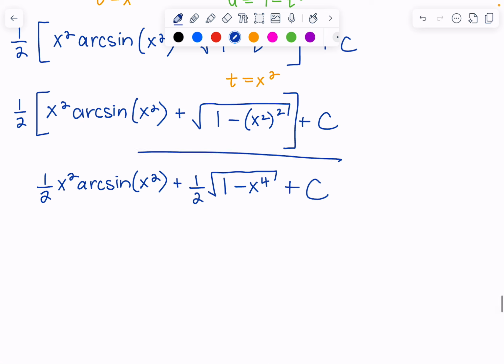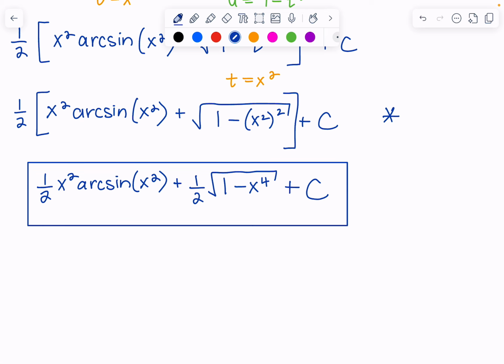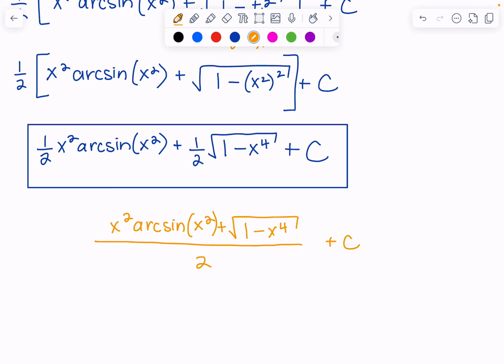So honestly, the step before would probably be fine if you stopped here, but just in case your teacher wants you to simplify all the way, this would be more than fine. If you notice here, they both have the 1/2, so you could also write everything over 2. So x squared arcsine of x squared plus the square root of 1 minus x to the 4th all over 2 plus a constant would also work.